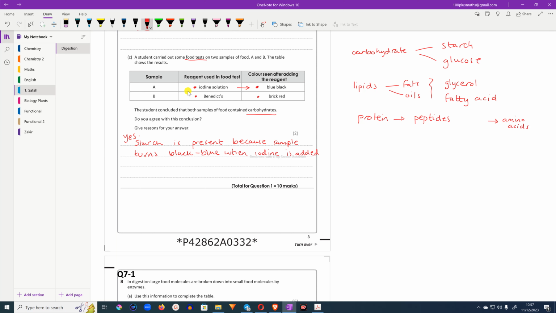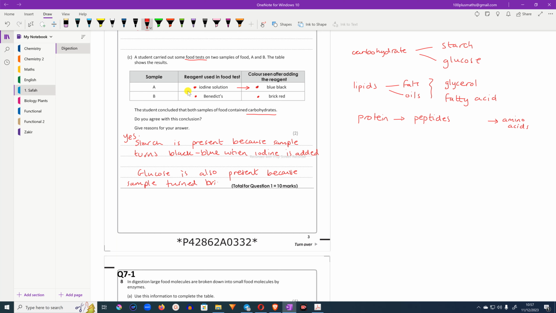Right, the next one is Benedict's solution. So that's starch. Okay, let's start with control. Right, glucose is also present because, let's just add this for completeness sake, because the sample turned brick red.